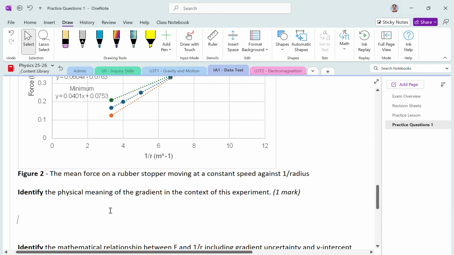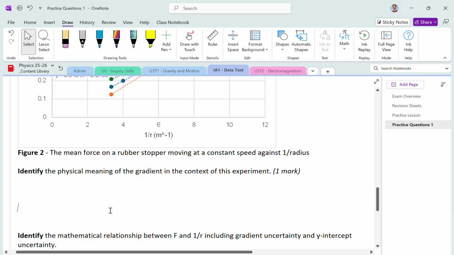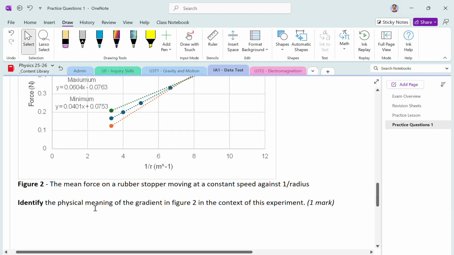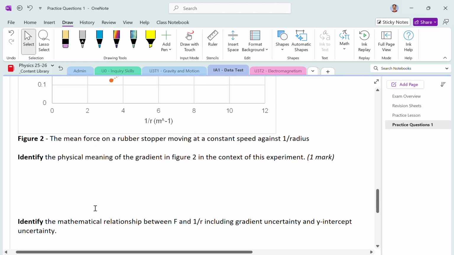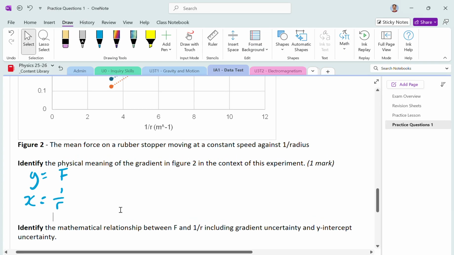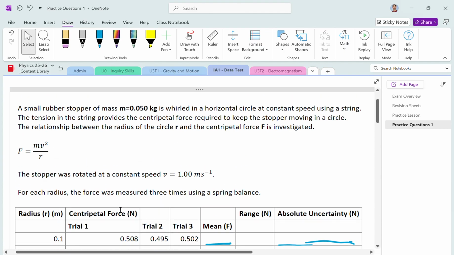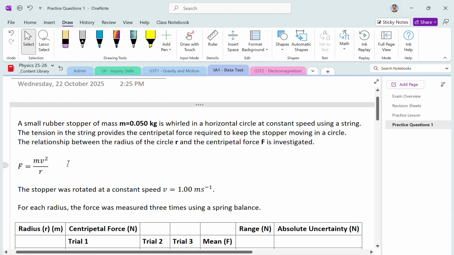What you need to do first is look at what is being plotted in Figure 2. If our y value is equal to the force and our x value is equal to 1 over r, we can go up to the equation that we were given in the question.